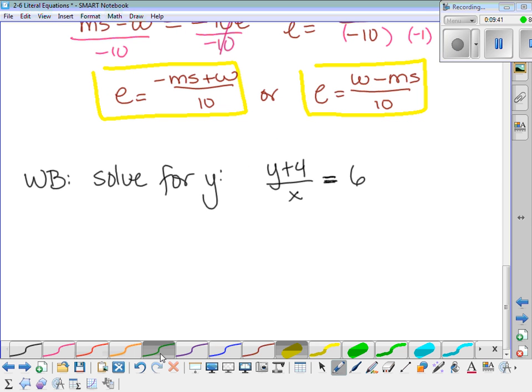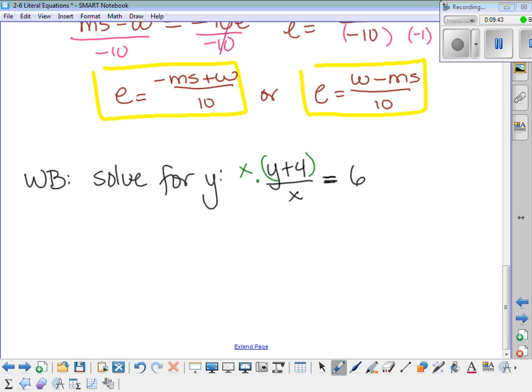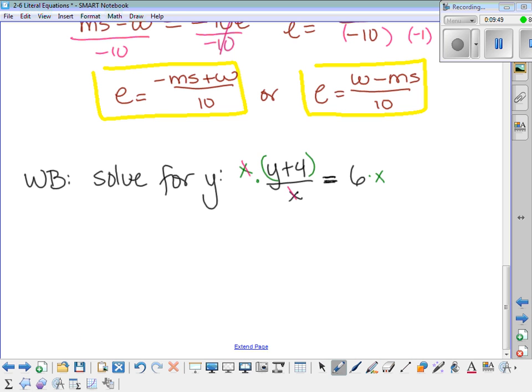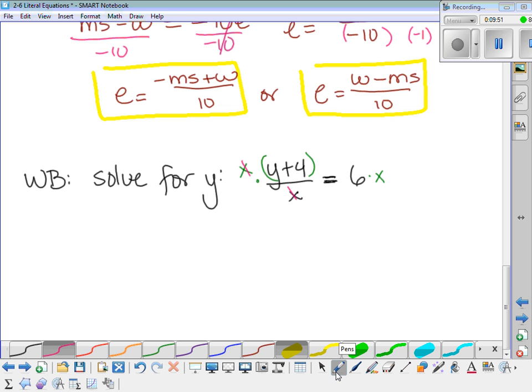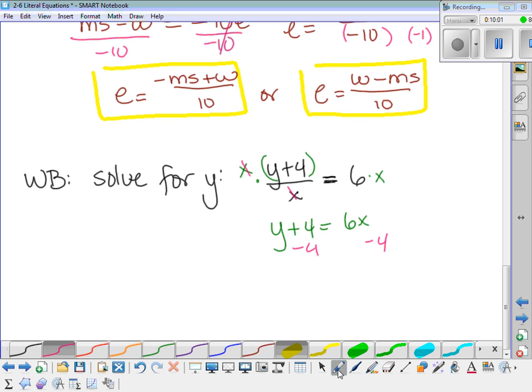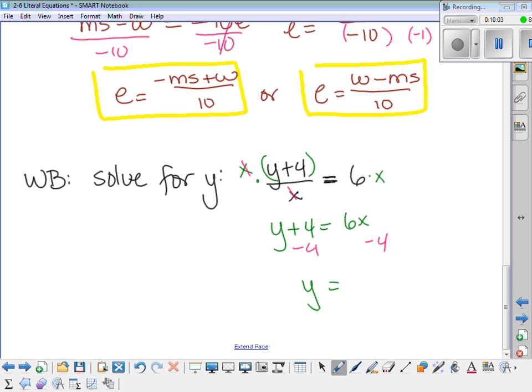We should multiply both sides times x, because this is a group being divided by x. That way the x's cancel out. Now I have y plus 4 is equal to 6x. Then you just have to subtract the 4. And so y would equal 6x minus 4.